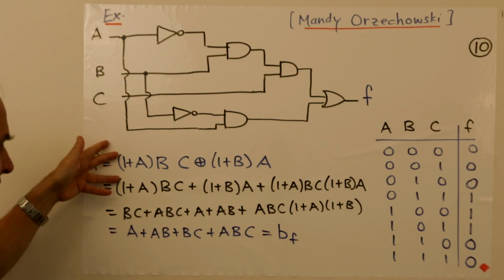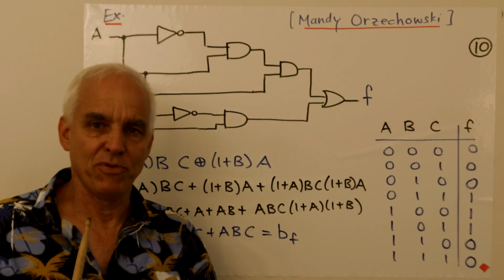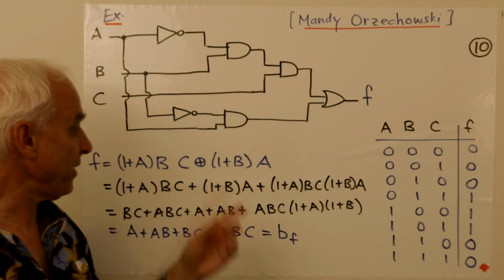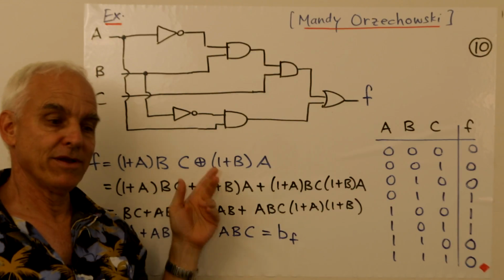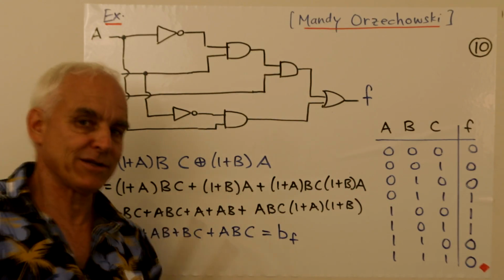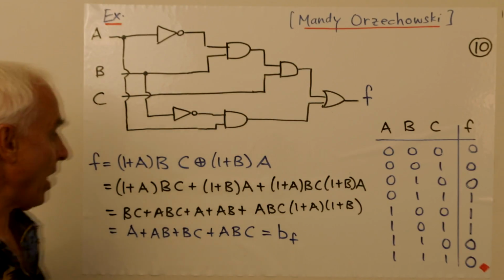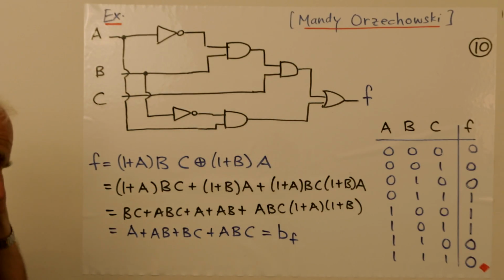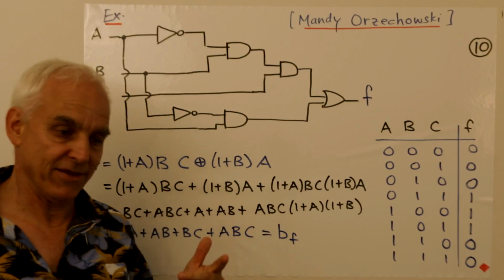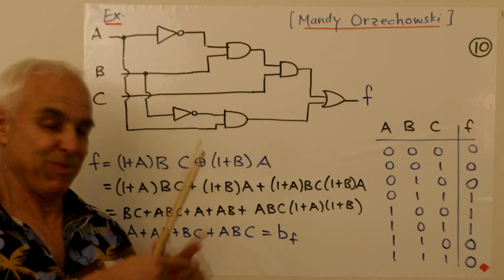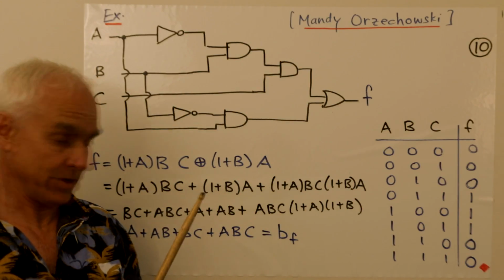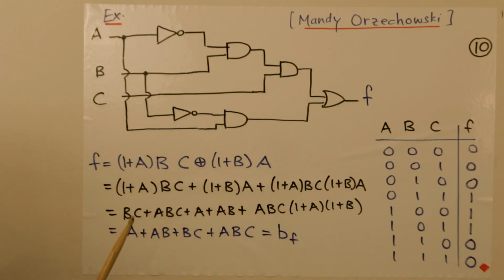Now, to analyze this, we want to shift to the algebra of Boole. So we have to convert the inclusive OR to our operation of exclusive OR, the addition sign of the algebra of Boole. So how do we do that? Well, we know that x circle sum y is x plus y plus the product xy. Okay? X plus y plus xy.